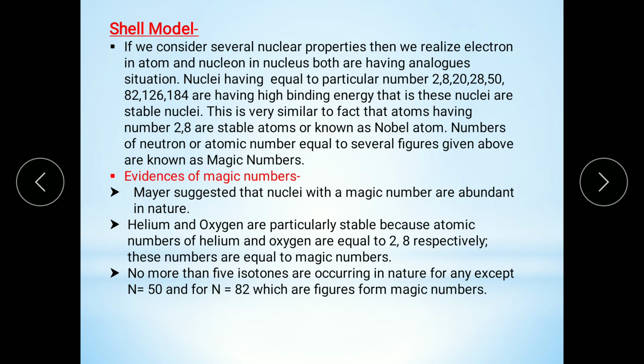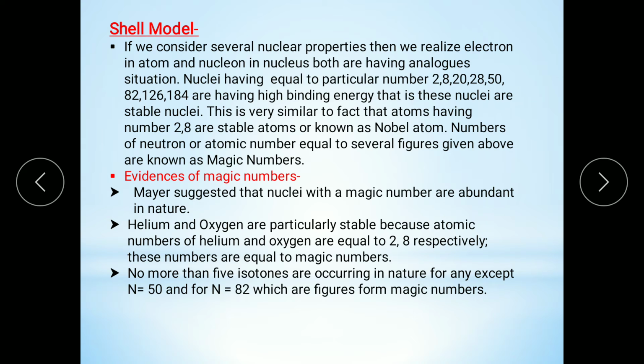See here, if we consider several nuclear properties, then we realize that electrons in an atom and nucleons in a nucleus both have an analogous situation. Exactly as an atom has electrons revolving around the nucleus, the same holds in the nucleus.